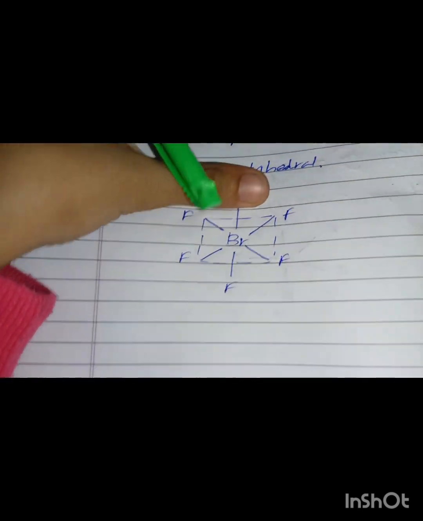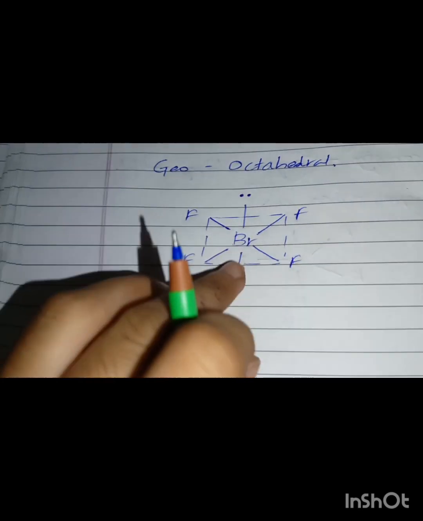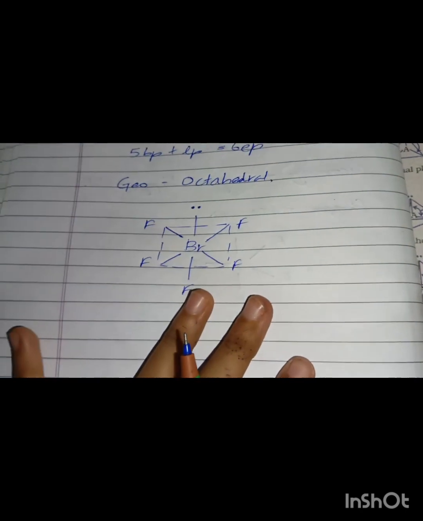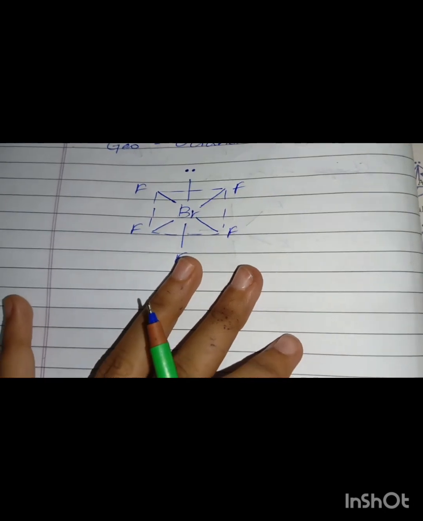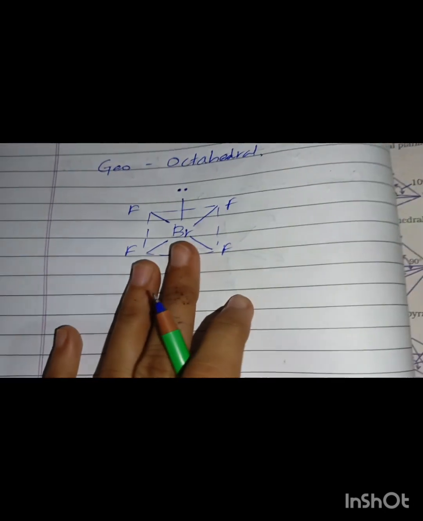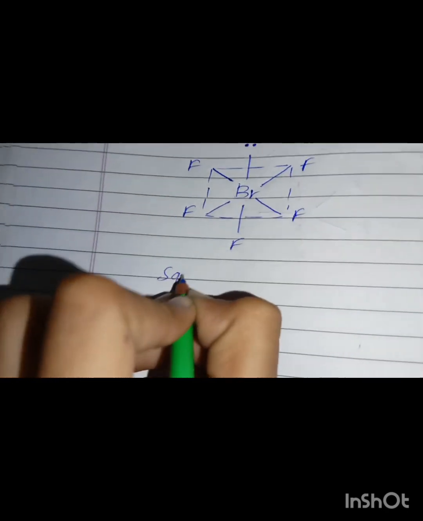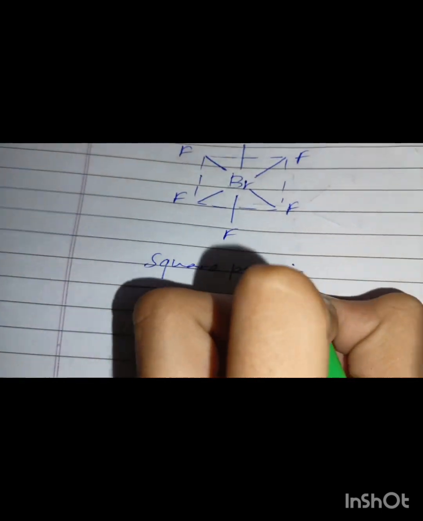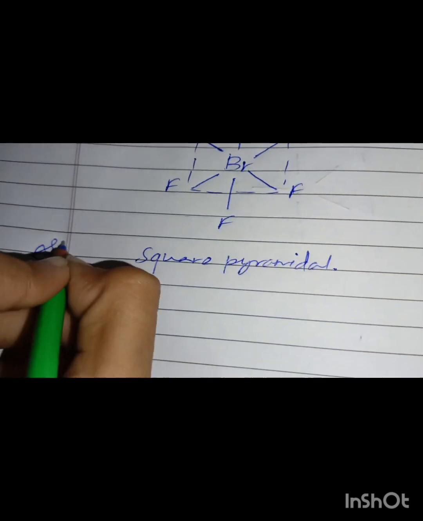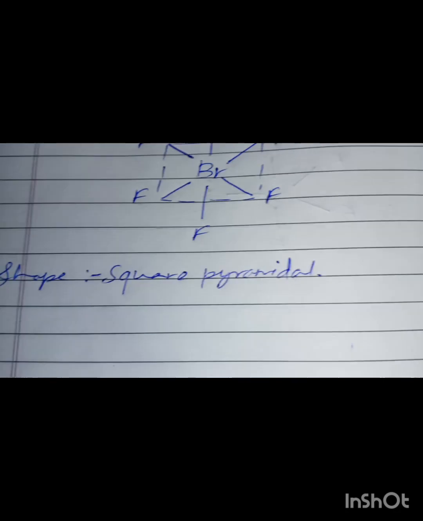So if you observe, it looks like it's not outside, it's inside. But for representation on a 2D surface, we represent it like this. So it looks like square pyramidal. So the shape is square pyramidal. Okay. See here, square pyramidal. Now let's take another example.